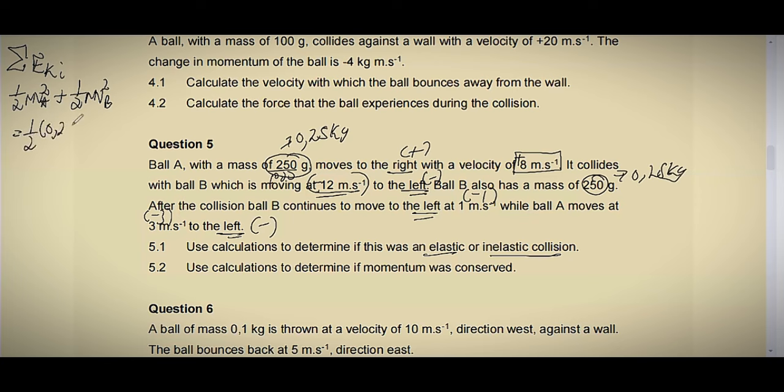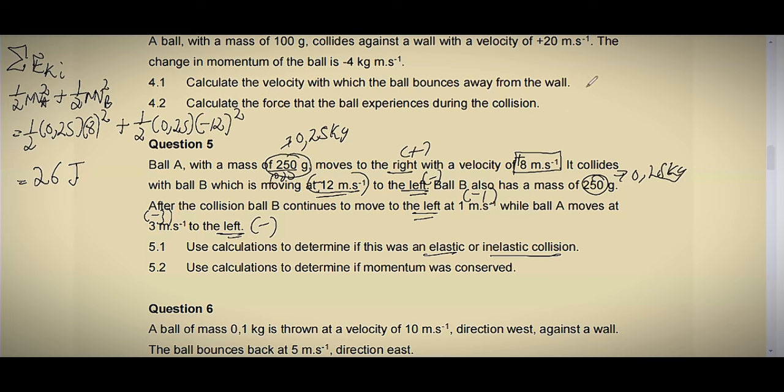Then this is half 0.25, our initial velocity for A was 8, so we have 8 squared, plus half. Again, the mass is 0.25 because they have the same mass. And then our velocity for B initially, they said it's 12, but then it's going to the left. So that's negative 12, and then squared. Now, if we punch all that in the calculator, we have a kinetic energy of 26 joules. Sum of kinetic energy initially is 26 joules, right?